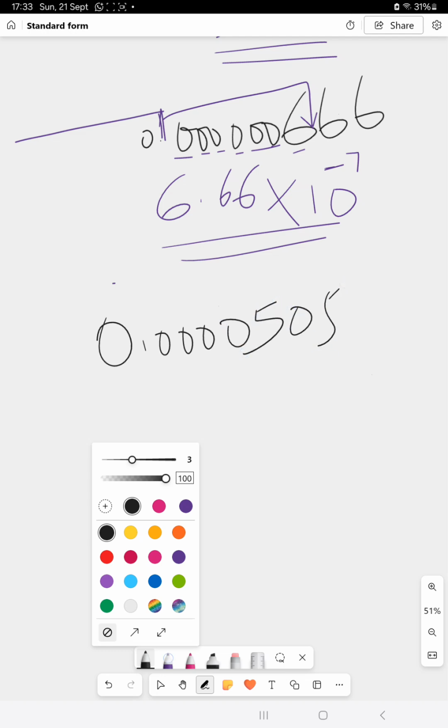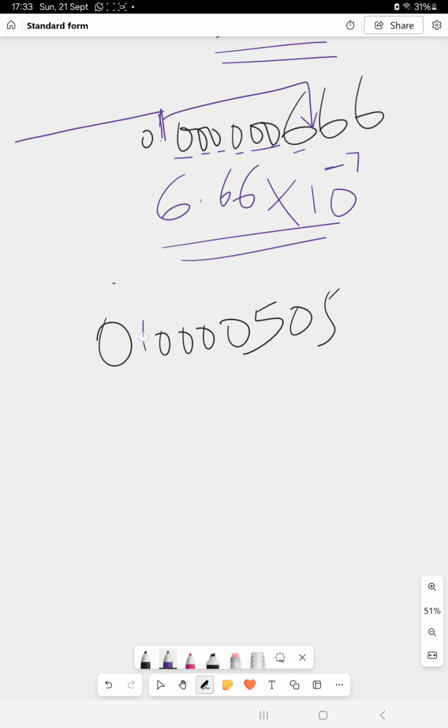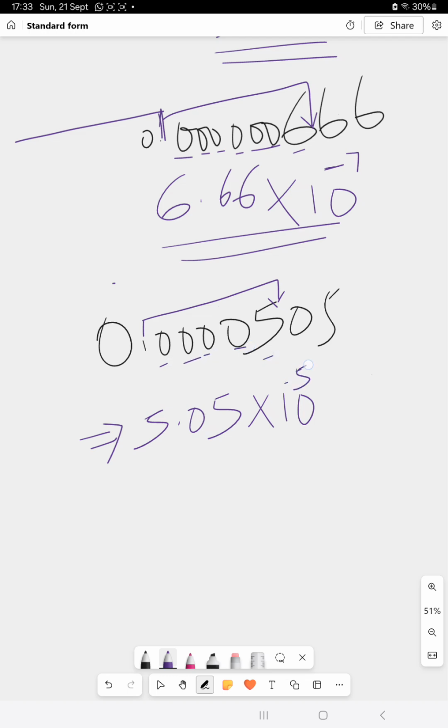We are bringing the decimal from where to where? The decimal from here all the way to here. Therefore, it is now 5.05 times 10 raised to 1, 2, 3, 4, 5, negative 5. Don't forget the negative.